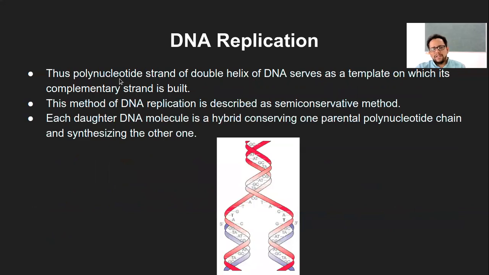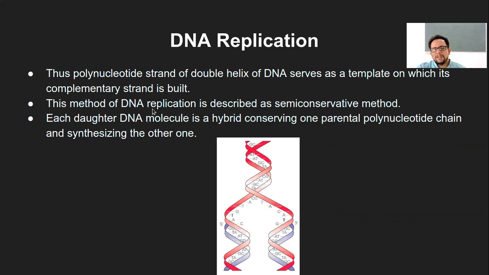Thus, the nucleotide strand of the double helix of DNA serves as a template on which the complementary strand is built. This is the representative model explained by Watson and Crick. This was the typical DNA molecule. You can see it's unfolding, meaning the strands are separating, and at certain time points, wherever replication is needed, nucleotides start adding and form the sugar and phosphate backbone.